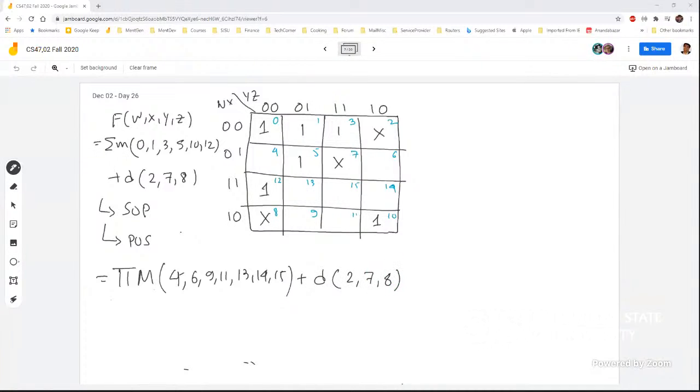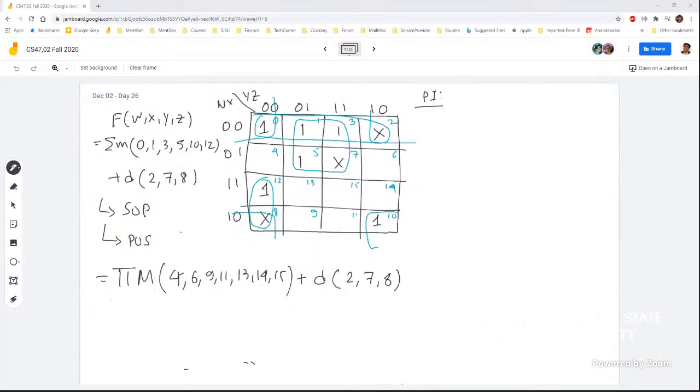Now, how about the prime implicants? What are the prime implicants here? We can make a maximized group using the X, and grouping the corners.